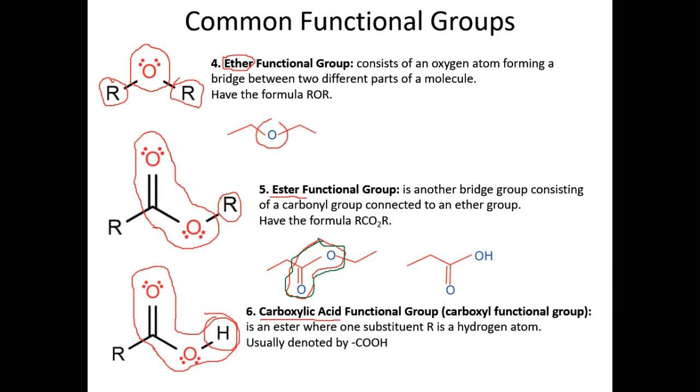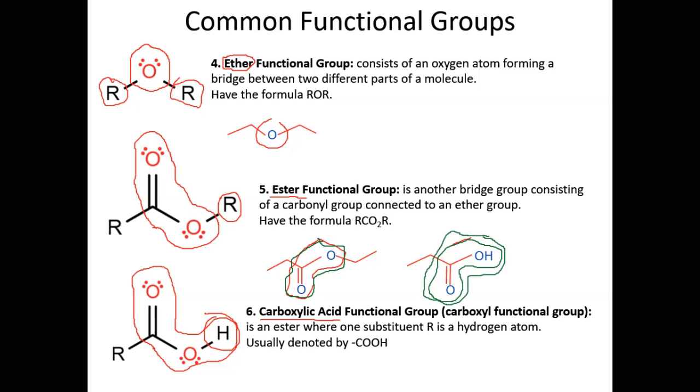This is actually called propanoic acid. So again, for carboxylic acid, it occurs at the end of the carbon backbone or carbon chain and has this C double bond OH group. And so the main objective of learning about these functional groups is, can you identify the functional group when given a molecule? So that's what you'll be looking for in this exercise.